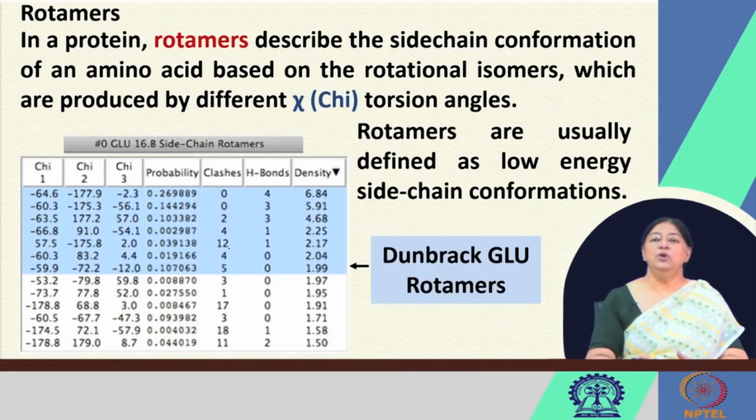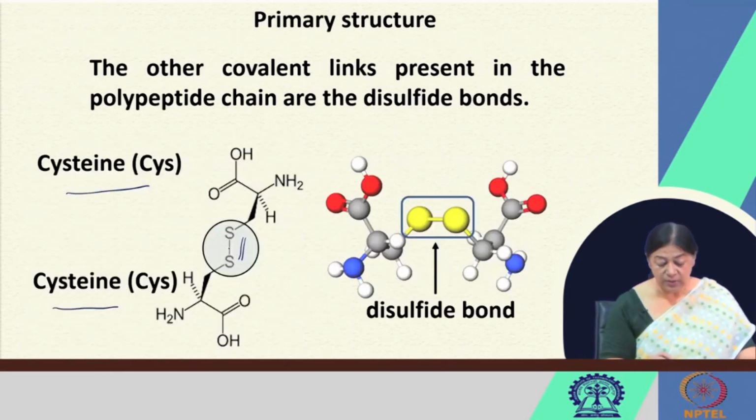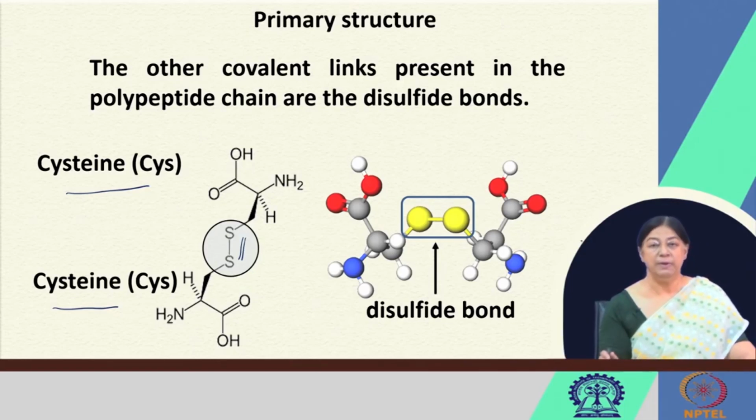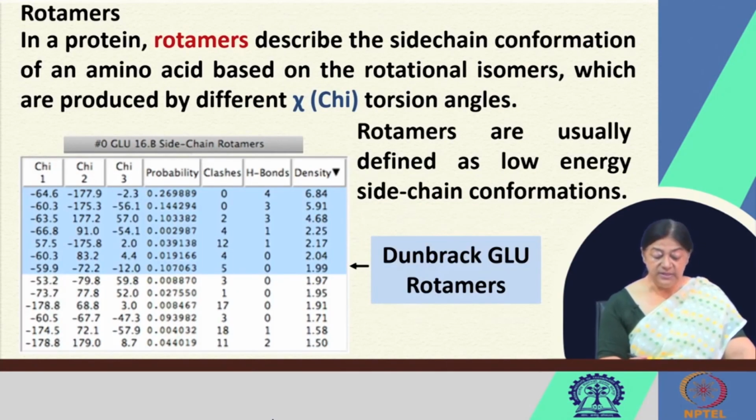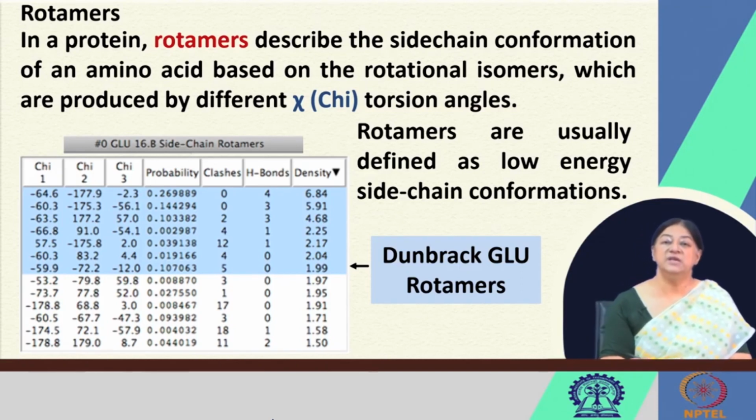Now, when we look at the amino acids themselves, if we just go back a slide, there are several single bonds. If we have a longer polypeptide chain, we have several single bonds about which we can have rotations. Now, apart from this, the amino acids themselves, the ones that have longer chains, what do we mean by that?